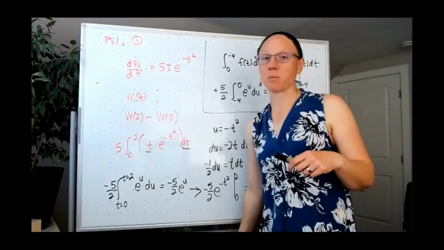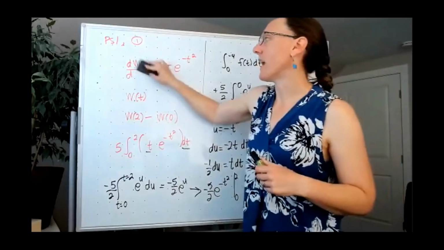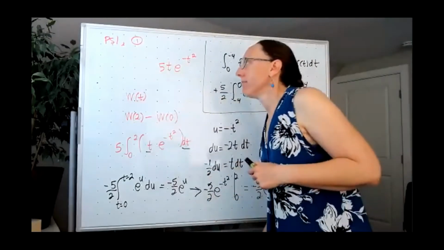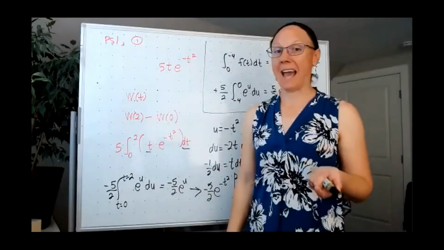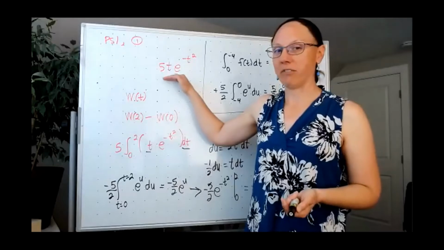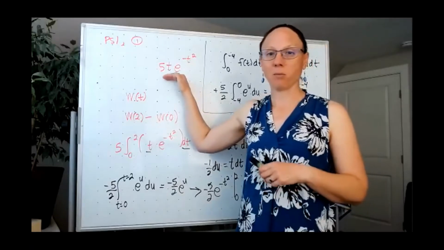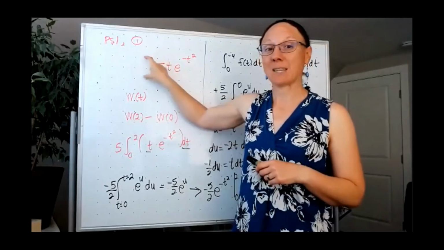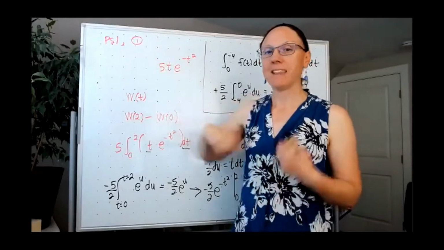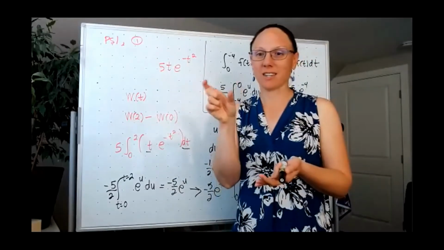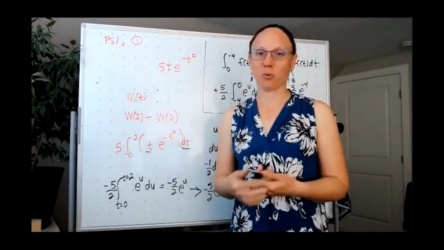For example, for this problem, I could have just said in words that the tumor is growing at a rate of, and given you this equation. And some of the problems in the book do that. They don't explicitly write a derivative.